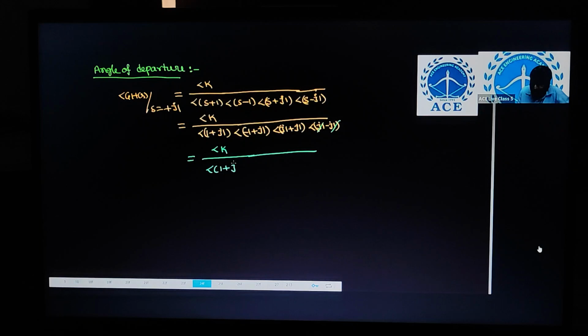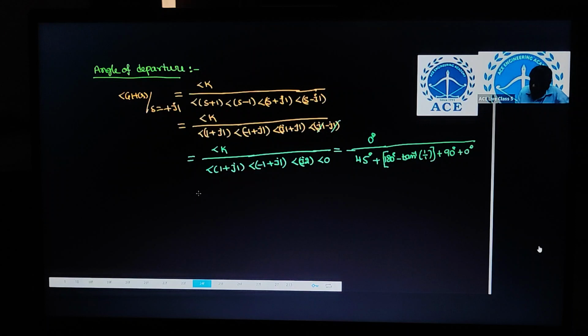Angle of 1 plus j1 is 45 degrees. Angle of minus 1 plus j1 is 180 minus tan inverse of imaginary part by real part, 1 by 1, which is 135 degrees. Angle of j2 is 90, plus 0. Solving this, you will get minus 270.